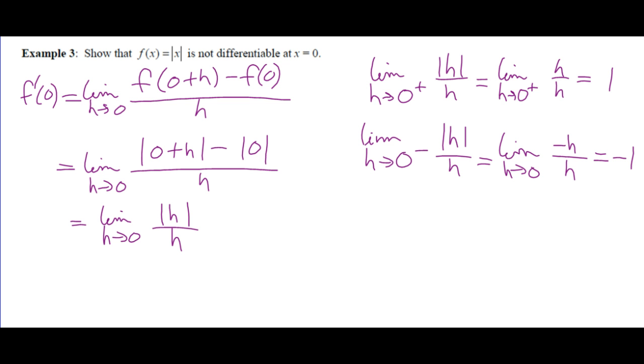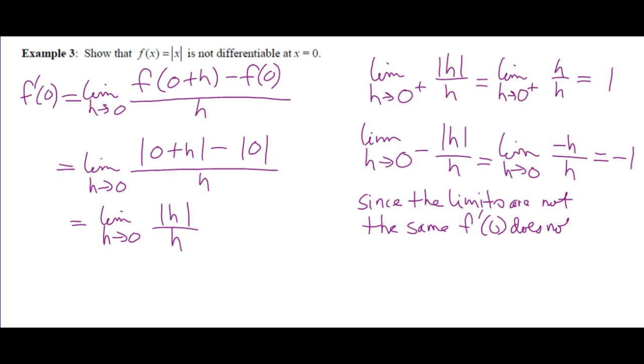So since the two one-sided limits are not the same, f prime of 0 does not exist.